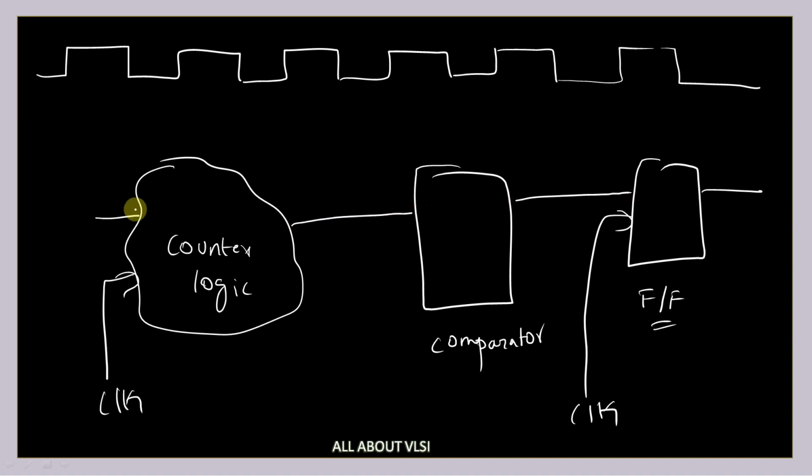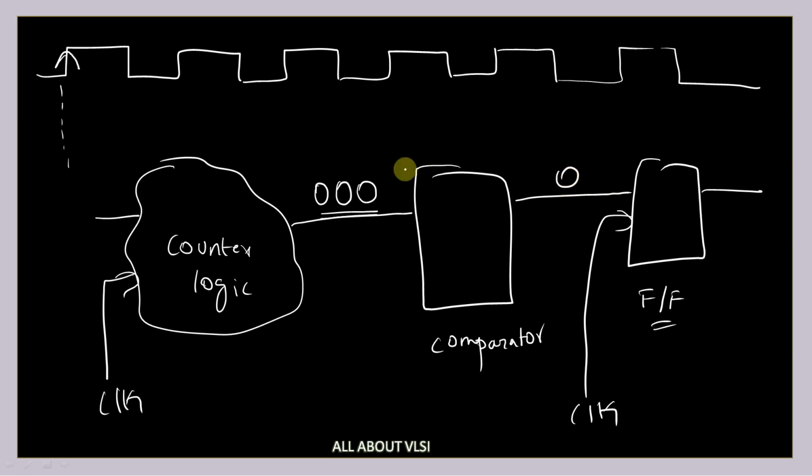Now, at this positive edge of the clock, what is the output of this counter? It is nothing but 0 0 0. At this positive edge of the clock, your value is equal to 0 0 0. Let's say initially your comparator output is equal to 1, sorry, 0.